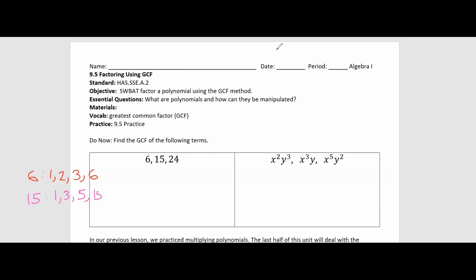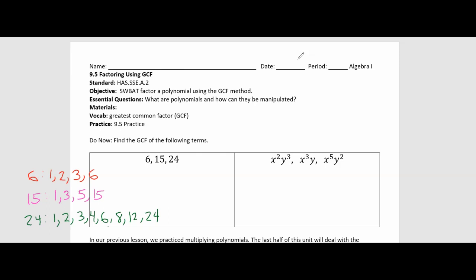And I've got 15. If I do 24, I have 1, 2, 3, 4, 6, 8, 12, and 24. So even though 24 doesn't seem like a very large number, it does have a lot of factors.